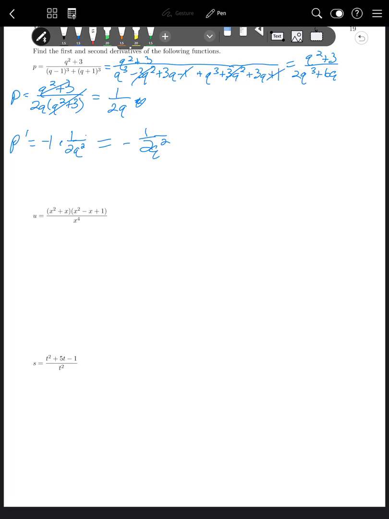So the same thing goes for this second one here. One good idea when you're doing most of these is go ahead and multiply out any polynomials you can to get one big polynomial instead of the product of two smaller polynomials, because that way you won't have to use the quotient rule.